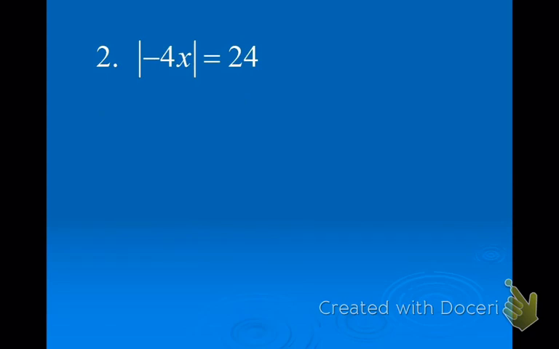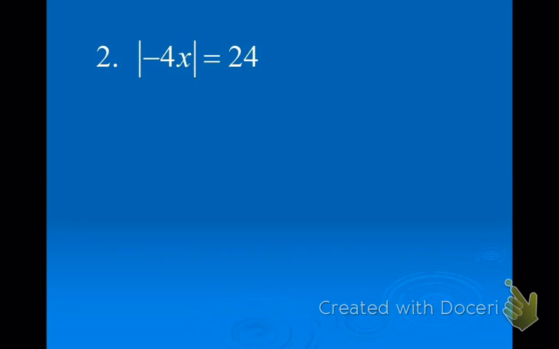So, let's try this. Instead of the absolute value of x equal to 6, now the absolute value of negative 4x is equal to 24. And so now for the solutions, we've got to find out what we can plug in for x to make this true. Well, to help us, instead of just guessing and plugging in numbers, we know that negative 4x can be replaced with what number to make this thing true?